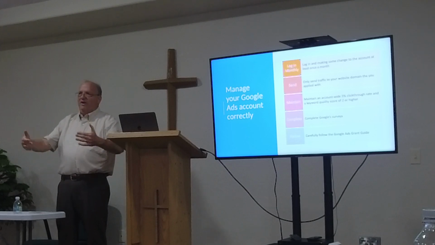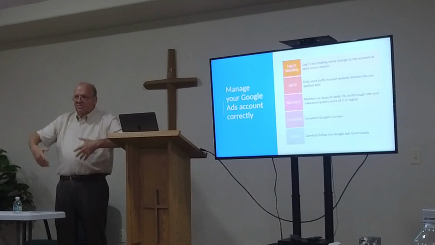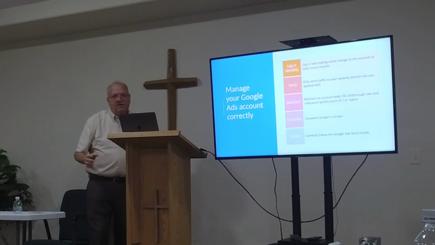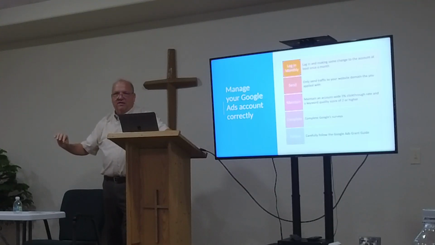And then when they go to the page, it needs to be a page that actually has a place where you can find information about churches. So if they determine that the keyword you have chosen is not triggering ads often enough, or it's not relevant to the ad text or the landing page itself, they'll lower your quality score.